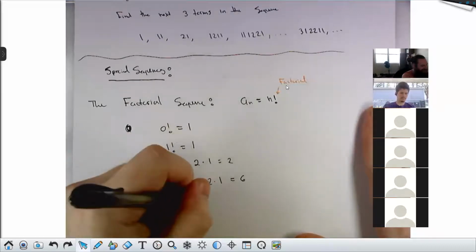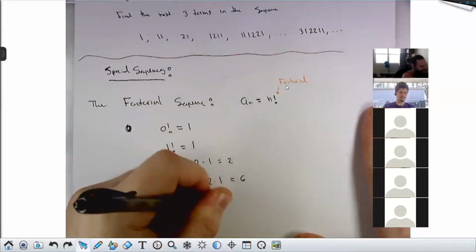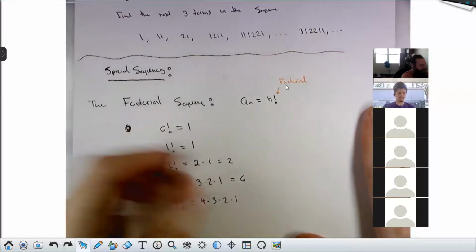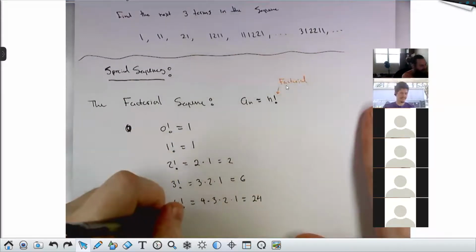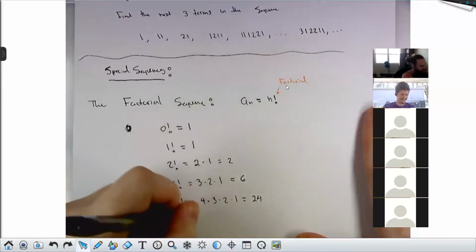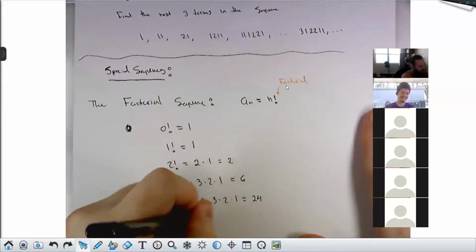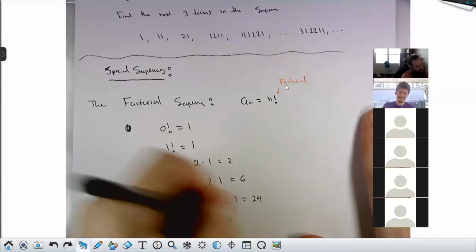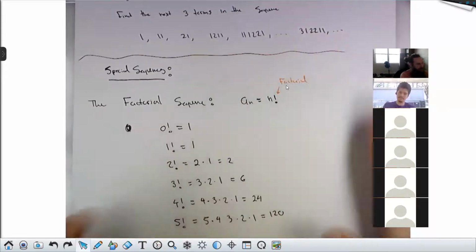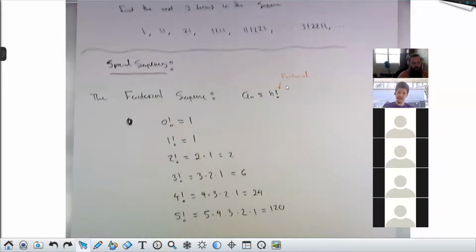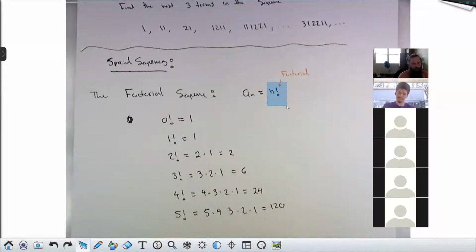It's 1 because I say so. 4 factorial is 4 times 3 times 2 times 1, which is 24. I'll tell you a few different ways to reason yourself there in a little bit. 5 factorial is 5 times 4 times 3 times 2 times 1, which is 120. So in general, the way you compute the factorial of a number is by multiplying that number together with all the positive whole numbers less than it.